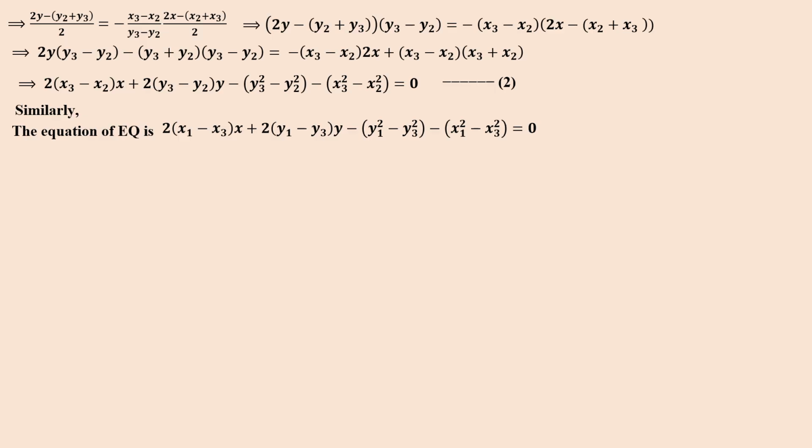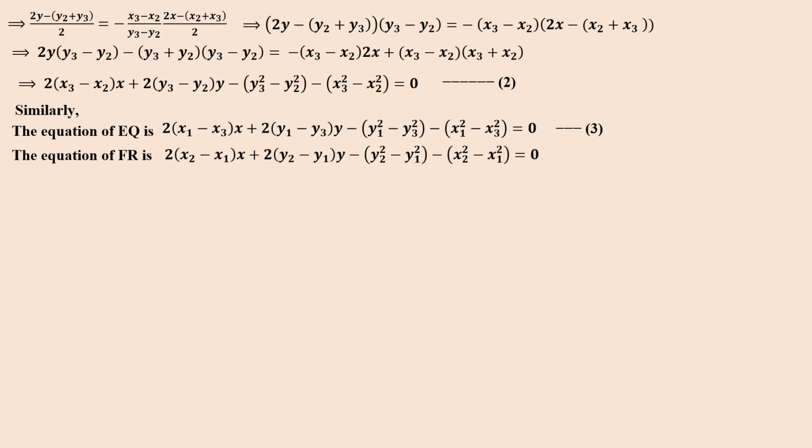Replace like that and you will get the other equation: 2(x1 minus x3) into x plus 2(y1 minus y3) into y minus (y1 square minus y3 square) minus (x1 square minus x3 square) equal to 0. That is equation number 3. And the equation of FR is 2(x2 minus x1) into x plus 2(y2 minus y1) into y minus (y2 square minus y1 square) minus (x2 square minus x1 square) equal to 0.